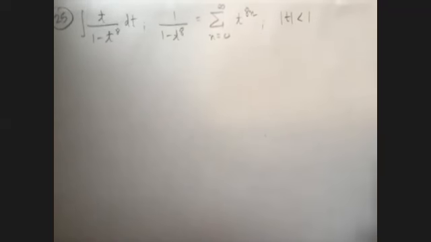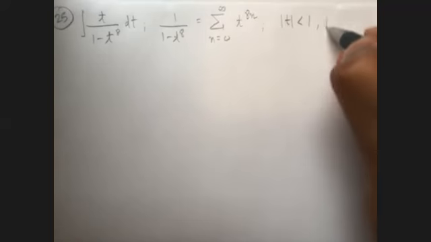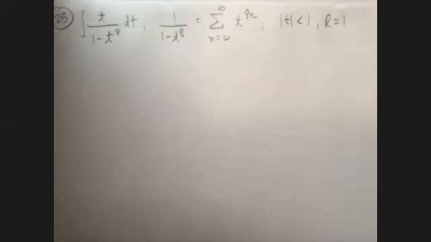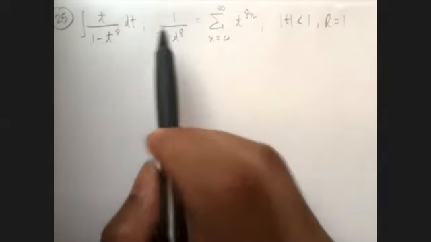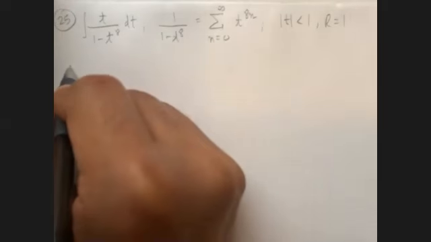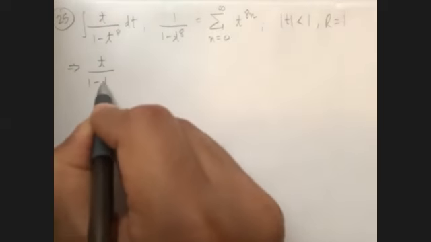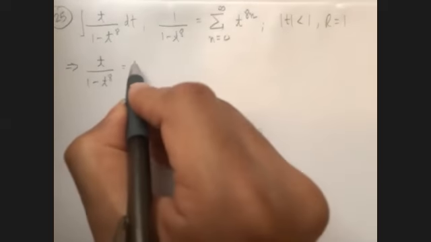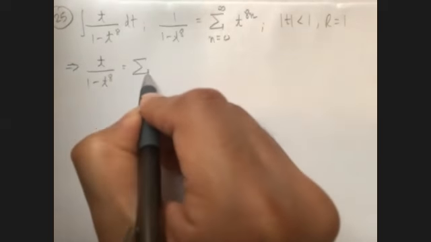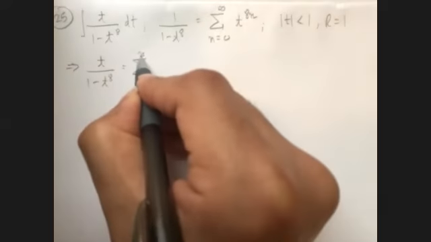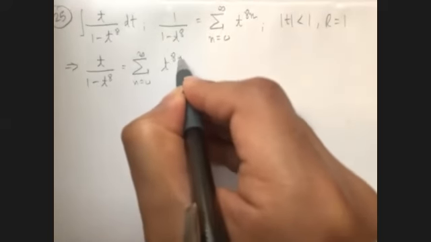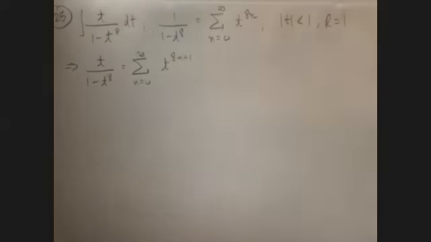So this gives us R to be 1, radius of convergence. But we need this form, t over t to the 8 plus 1.